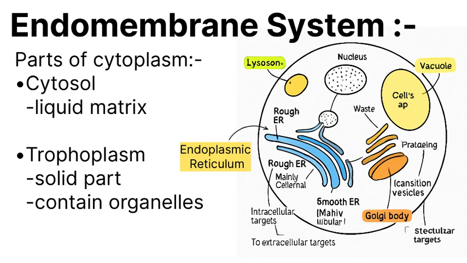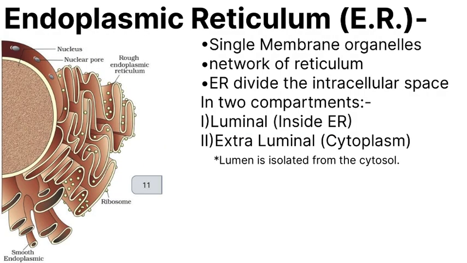So let's begin with the endoplasmic reticulum first. This is the diagram of the endoplasmic reticulum, which is abbreviated as ER. It's a large complex organelle found in eukaryotic cells.